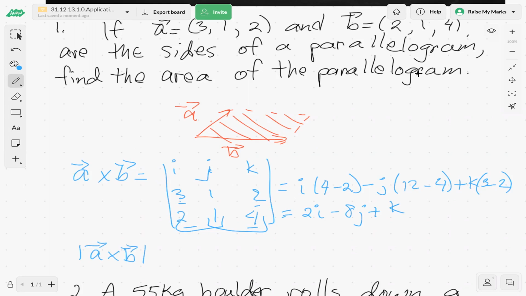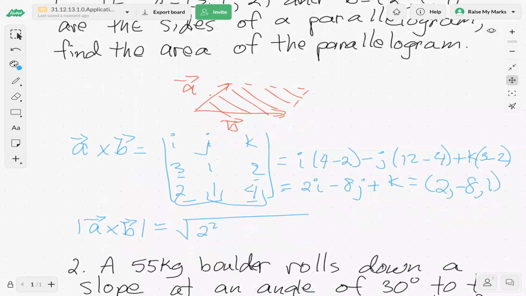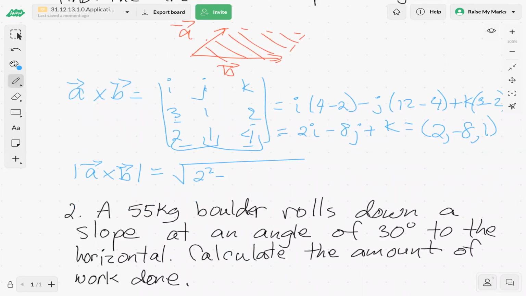It might be a little easier to find the magnitude if we write our vector in coordinate form. Our coordinates are 2, -8, and 1. To find the magnitude of this vector, we take the sum of the squares and then the square root. So we have 2 squared, plus -8 squared, plus 1 squared.